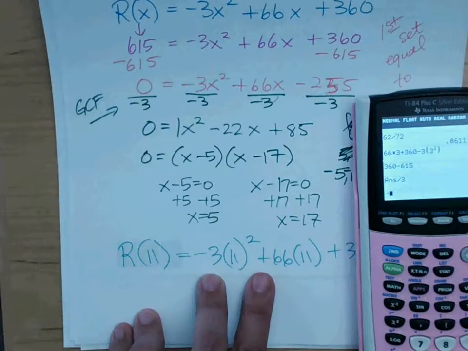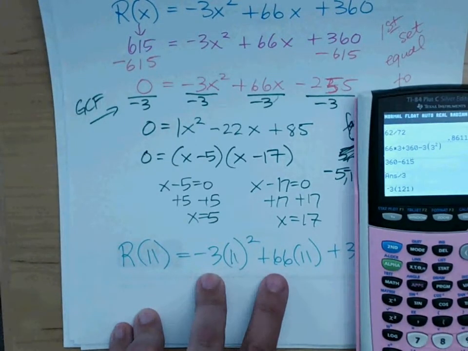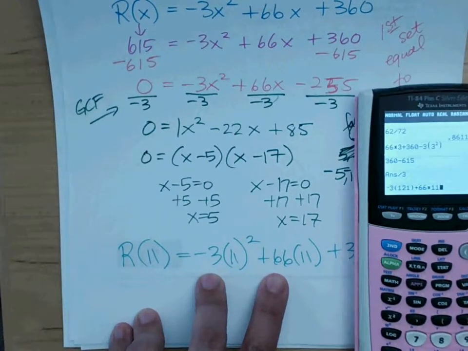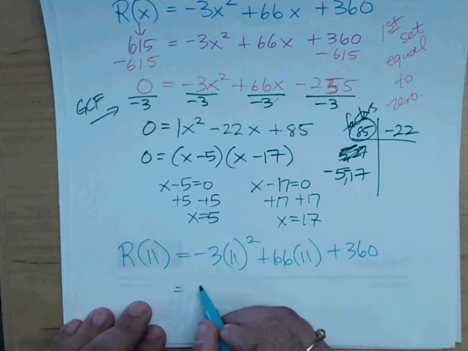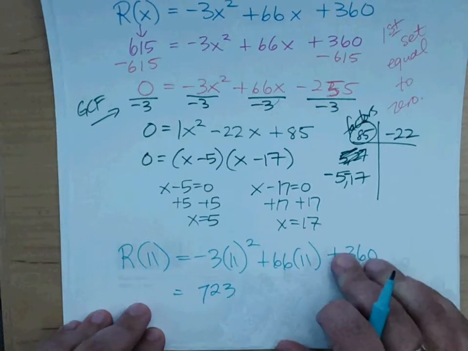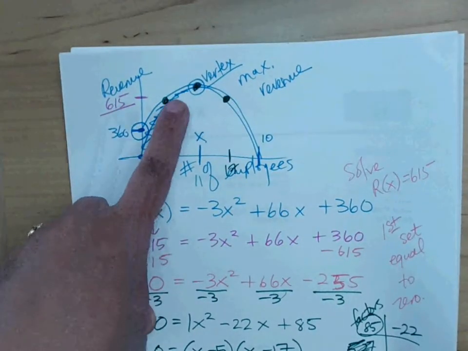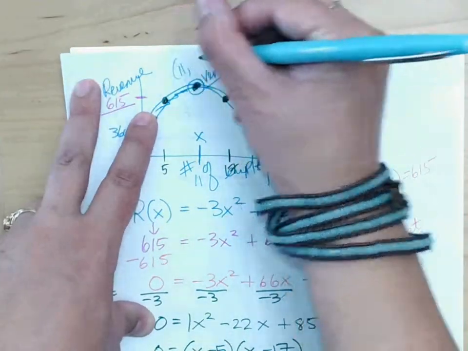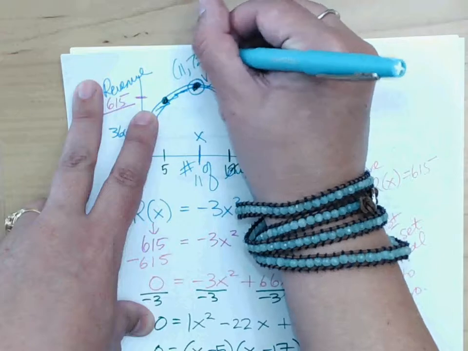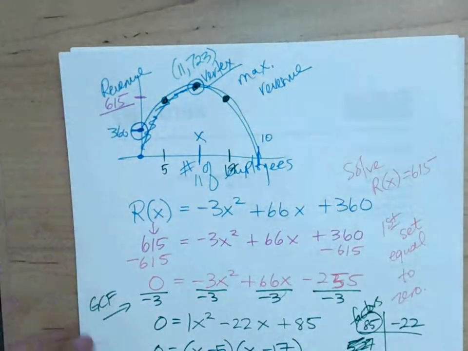Okay, negative 3 times 121, because I know that's 11 squared, plus 66 times 11 plus 360, 723. And you can see that that's the highest amount of revenue that's here because we were talking about 615. So this spot right here, the vertex is 11, 723. But don't worry, we're going to have a formula for how to solve that.